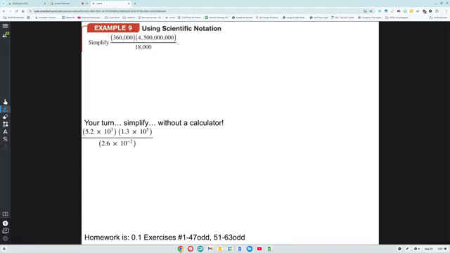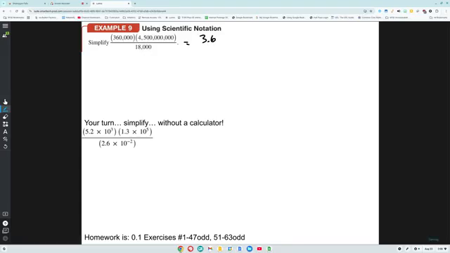We're going to show how we can handle these really big, scary numbers without using a calculator, just using scientific notation to help us communicate and do this efficiently. So it says simplify 360,000 times 4,500,000,000, all divided by 18,000. Again, there's a lot going on there, but if I convert all these from decimal to scientific notation, I'm going to see a bunch of really manageable numbers.